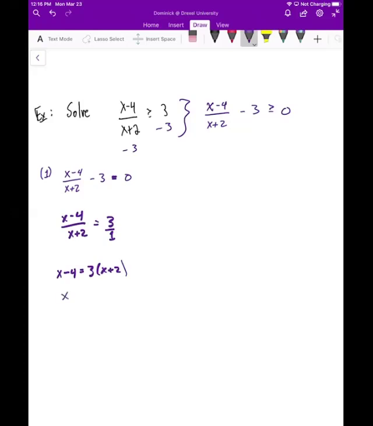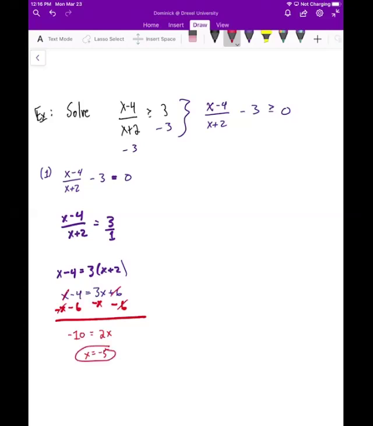So then we get x minus 4 is 3x plus 6. And if we move some stuff around, if we move this x over and subtract this 6 over, we will get that 2x is equal to negative 10. So we get x is equal to negative 5.